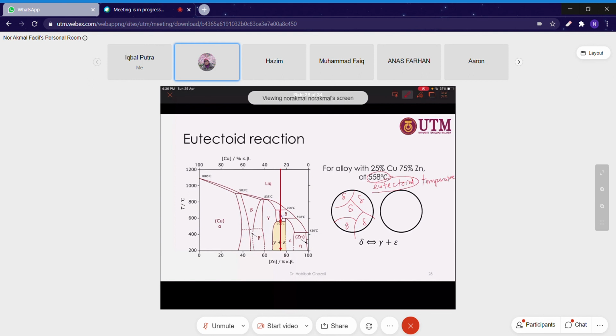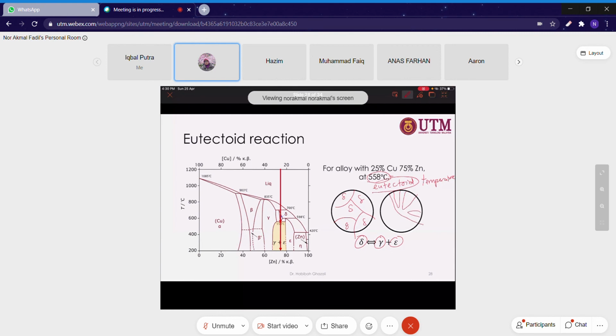For example, like this eutectoid temperature. Why is it eutectoid temperature? Because there is a eutectoid reaction happening, and to identify eutectoid, it involves the transformation from one solid into two different solids. During this transformation, at this point it is transformed into two different structures. From this point it's a lamella structure.